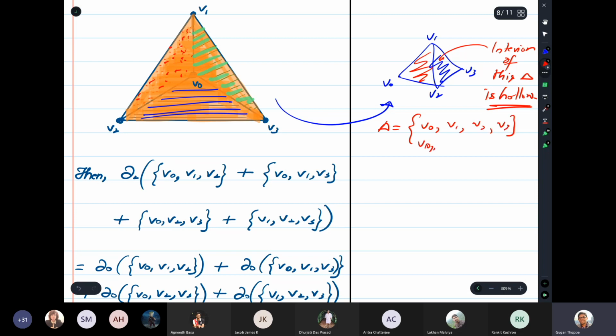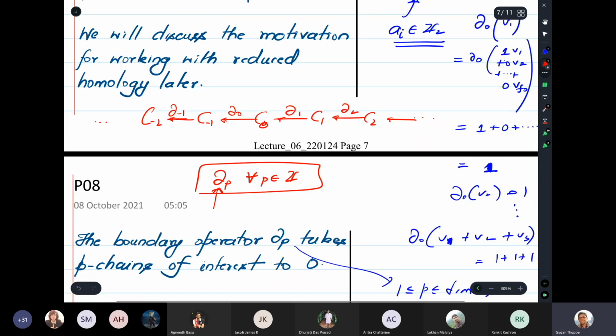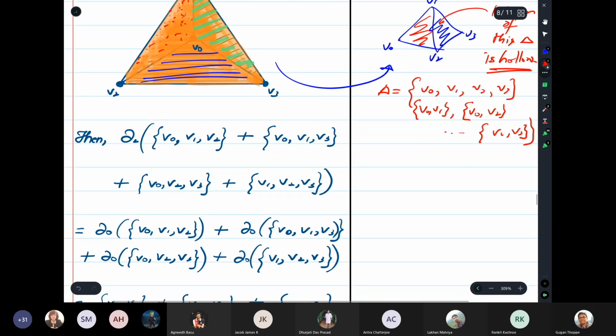You have v0 v1, v0 v2, and so on, all the way up till v2 v3, and then you have v0 v1 v2 and all the way up till v1 v2 v3.